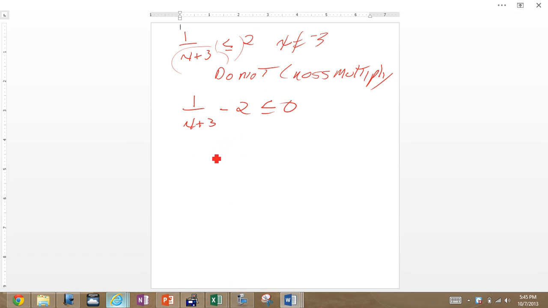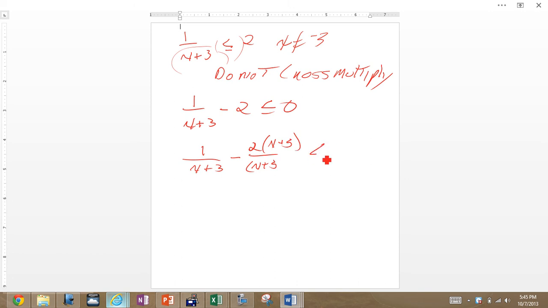So basically I can put both of these on the common denominator, which is x plus 3. This first one is going to be unchanged, and that's going to be minus 2 times, over x plus 3. So I'm going to have to multiply that numerator by x plus 3 as well.